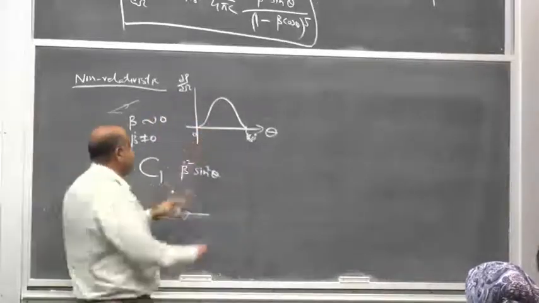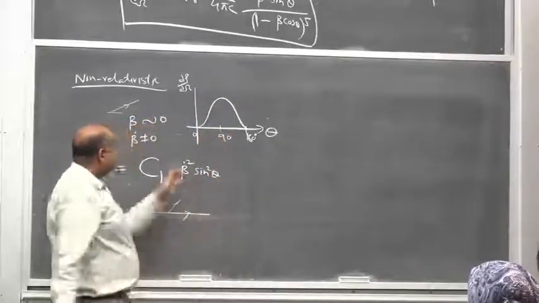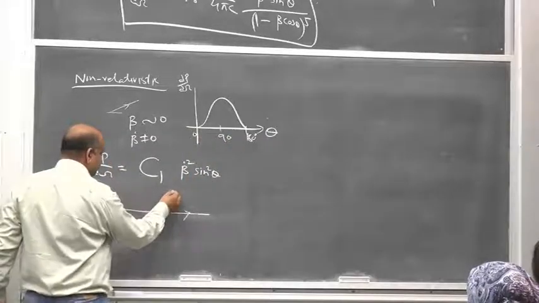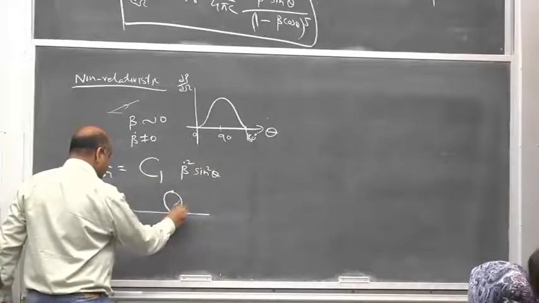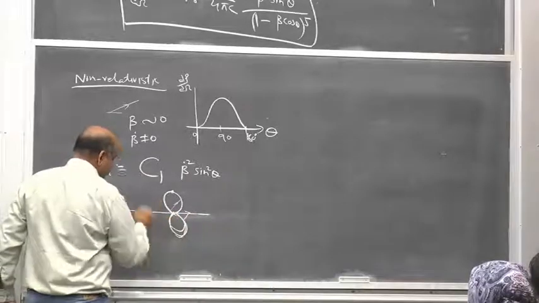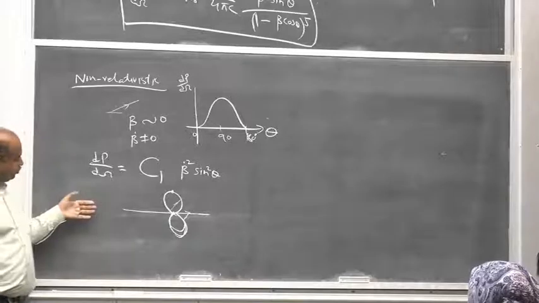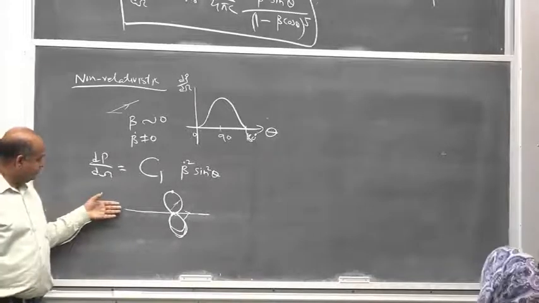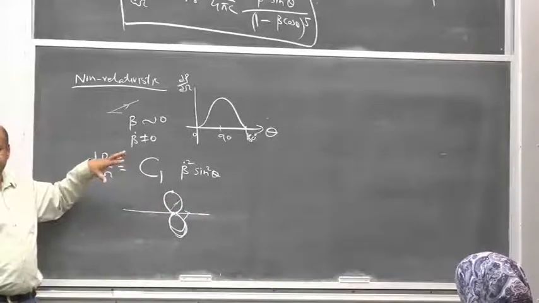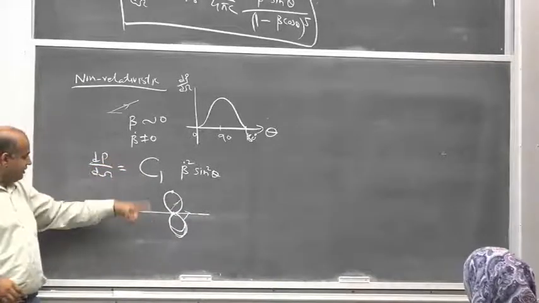It's maximum at theta 90 and it's 0 at 0 and 180. But in polar plots, this is usually shown as a figure 8. So essentially a slow charge which is accelerating in this direction is radiating most of its energy perpendicular to it, in our direction, and it's independent of phi.